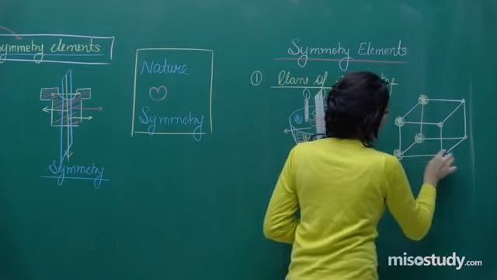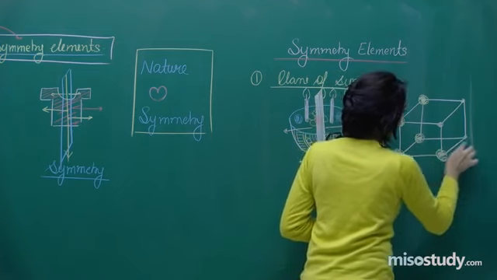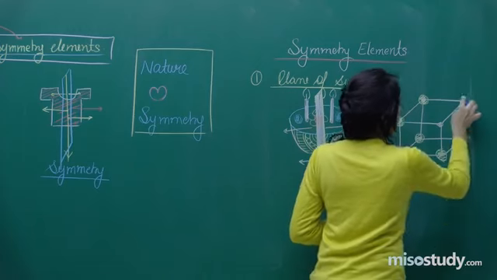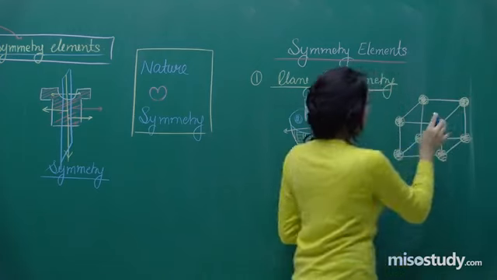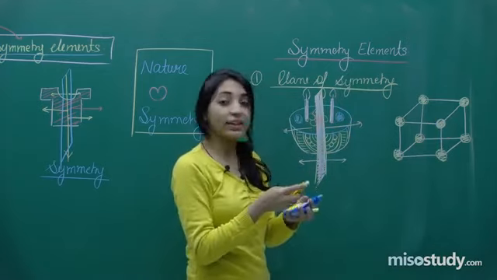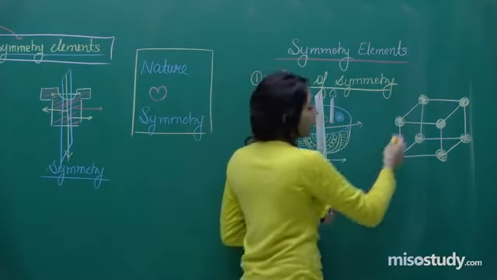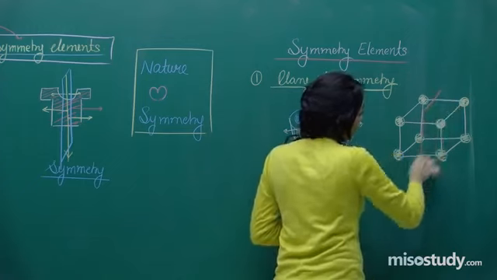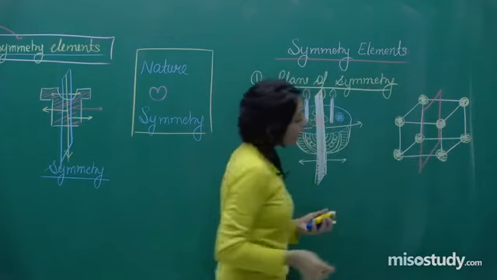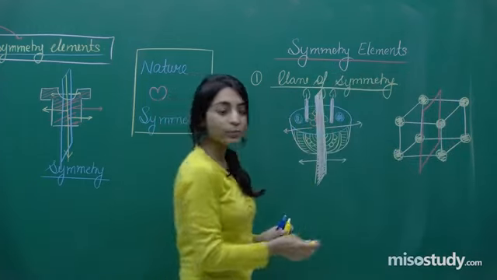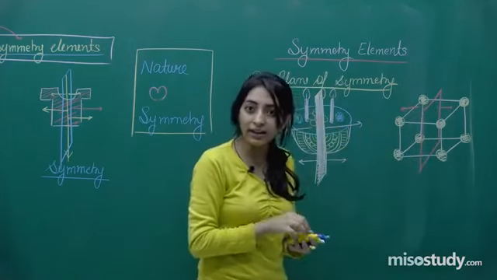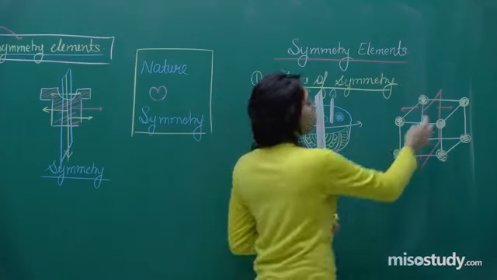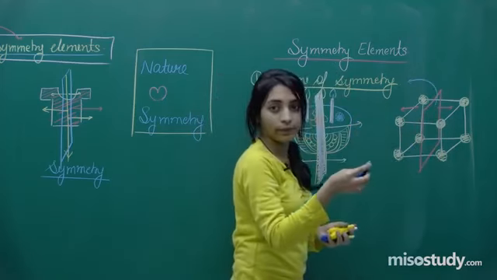There are 8 constituent particles that I have drawn. Now I am asking you to consider any plane. Let us consider this particular plane. If you cut the crystal along this plane, you can see this half is exactly the same as this half, right? So this kind of plane is known as a plane of symmetry.